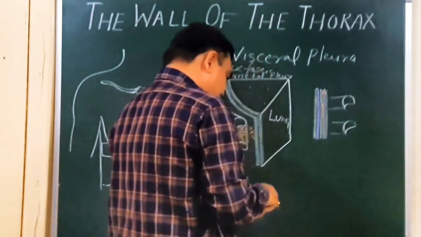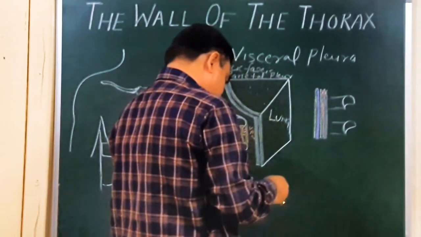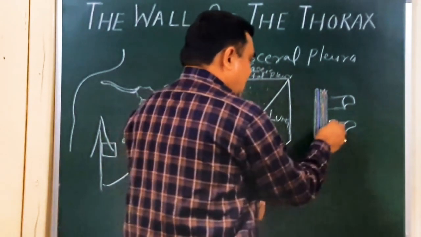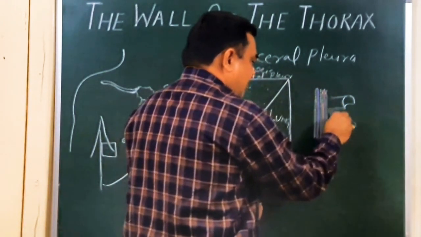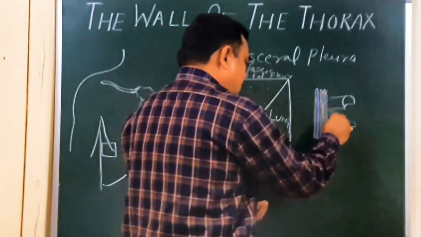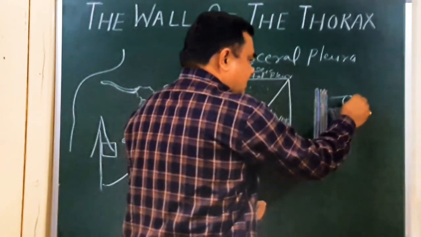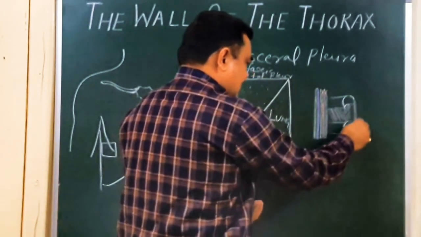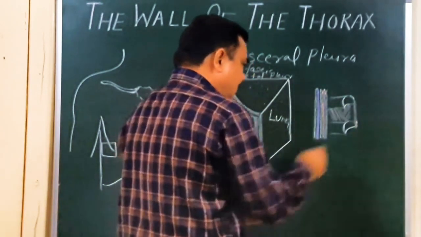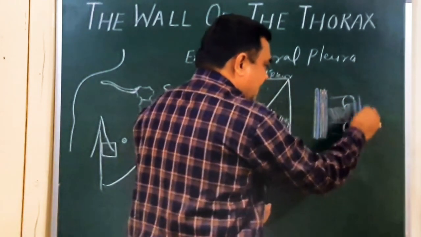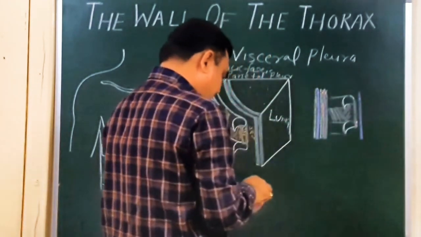And here you will find several muscles: external intercostal, internal intercostal, and transverse thoracis. Then there is endothoracic fascia.